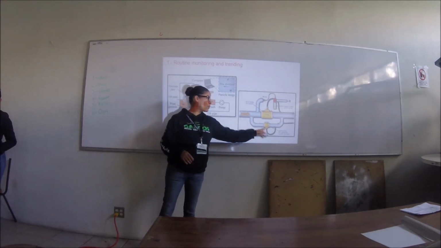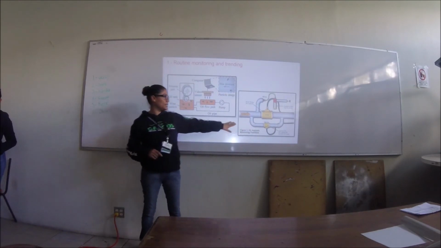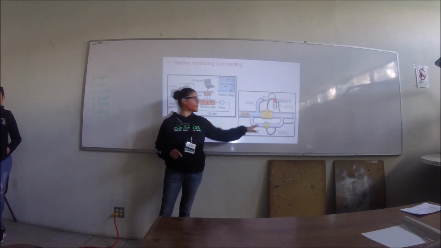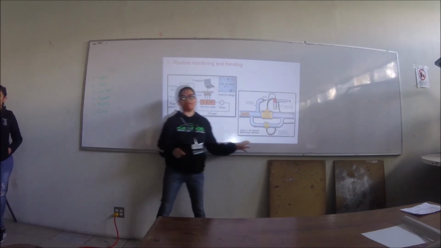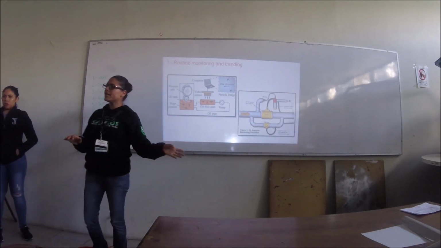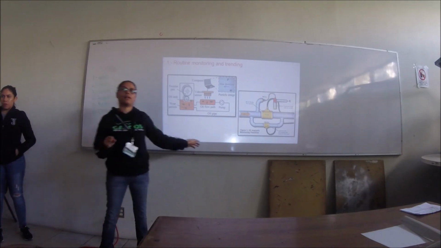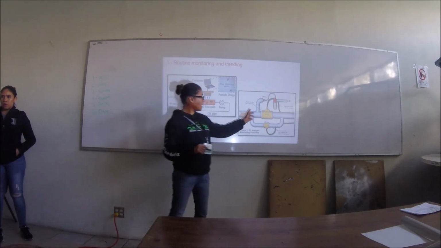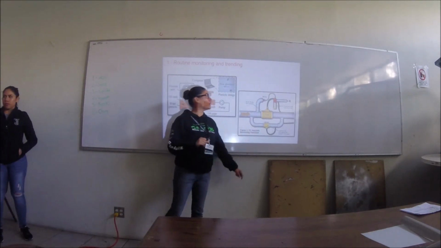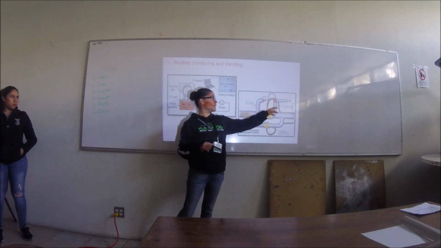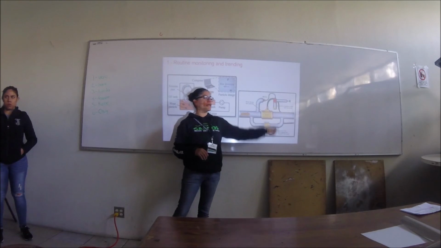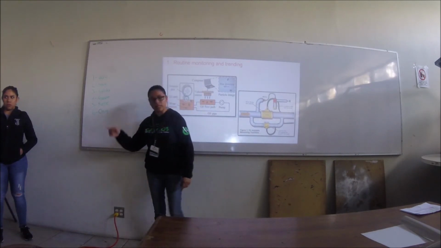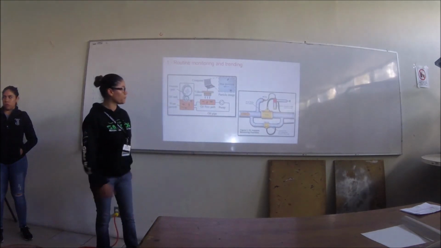The second one is the online, and this works with a bypass here. With this bypass, we can see the turbidity of the lubricant. And the last one is the offline, and this is simply to take different samples of the lubricant and send them to a laboratory to analyze.